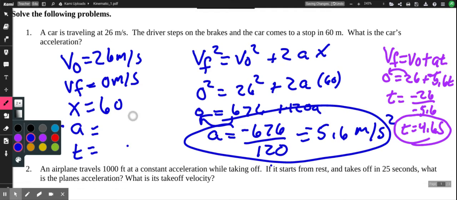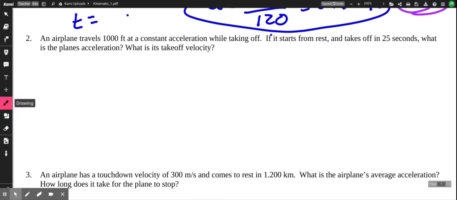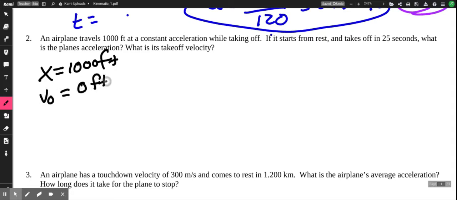In our second problem, it says an airplane travels 1,000 feet at a constant acceleration while taking off. It starts from rest. So our displacement is 1,000 feet. Our initial velocity is 0 feet per second. And it takes 25 seconds to take off.